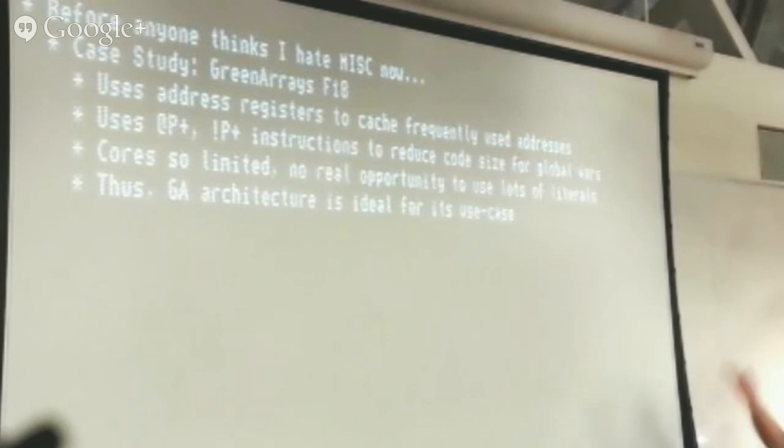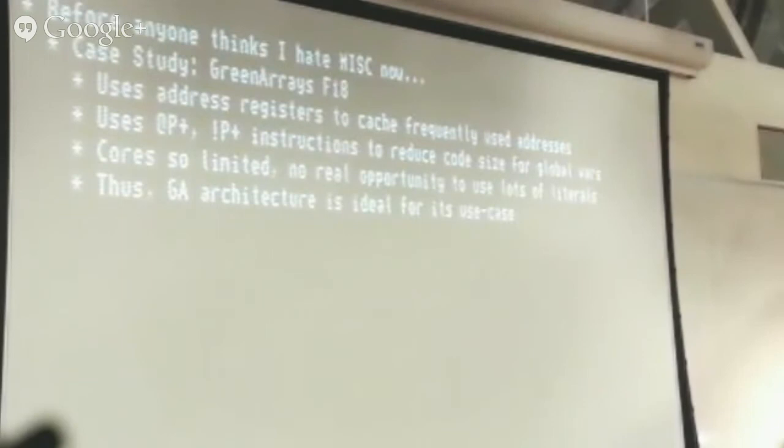And as I indicated, I actually do like MISCs. So why does the MISC work for Chuck Moore and the green arrays? And the answer is because it's running in a limited environment. So in this case, the limited environment is its advantage. It's its salvation. It has address registers that cache frequently used addresses. Usually these addresses are I/O ports.